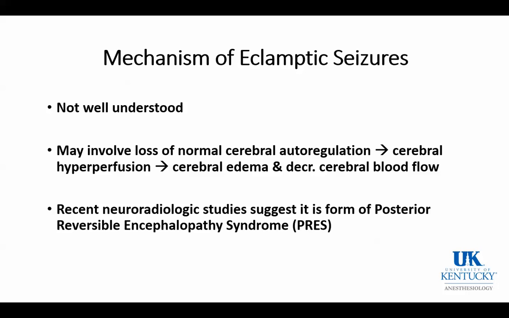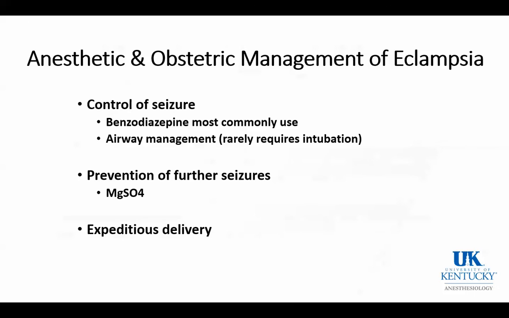Neuroradiologic studies in recent years have shown, based on what the brain looks like on imaging, that eclampsia is actually a form of posterior reversible encephalopathy syndrome, otherwise known as PRES. You can also have patients with preeclampsia who don't have seizures but have some mental status changes, who on radiologic imaging are also diagnosed with PRES.